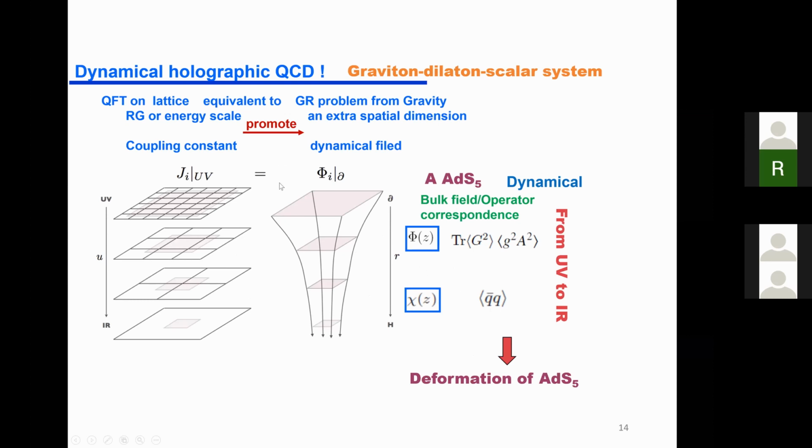By solving this system dynamically, we can get the deformed AdS5 metric. So we can self-consistently solve the deformation by the IR dynamics. So this is our framework.